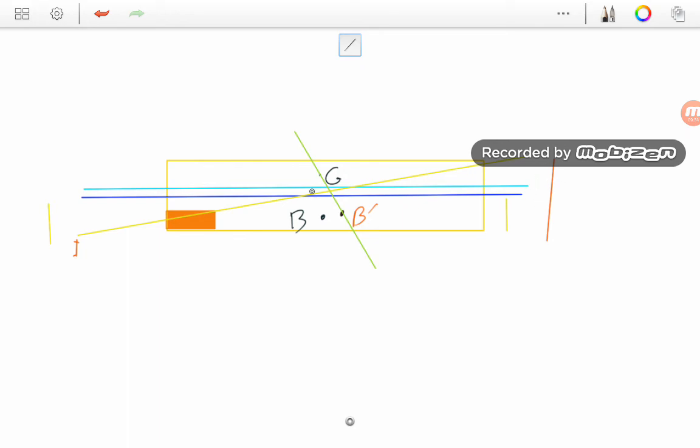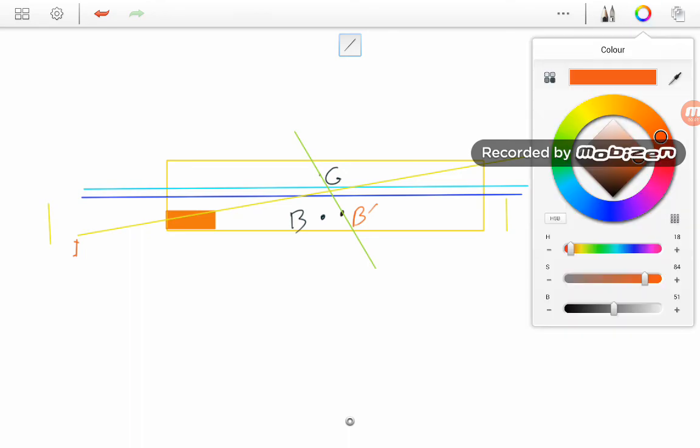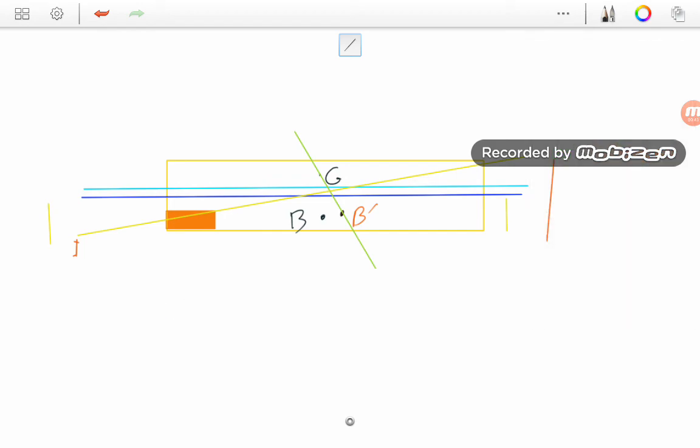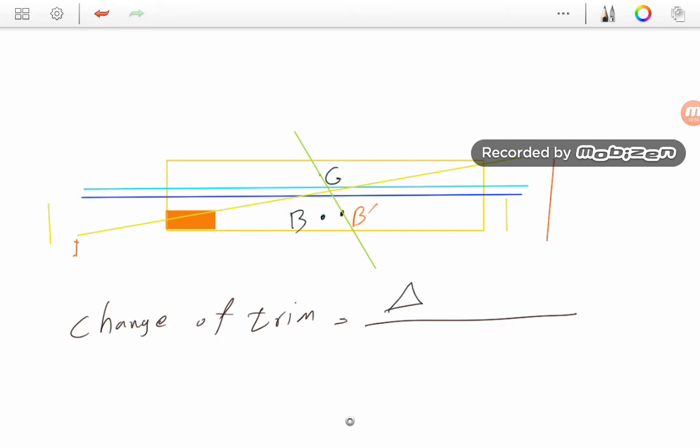How much the trim has changed, or how much the difference has changed, you can calculate it. You have this formula in your textbook. So the change of trim can be calculated from your vessel displacement.